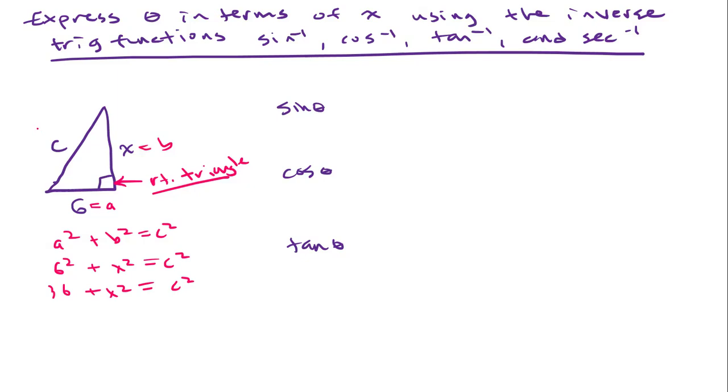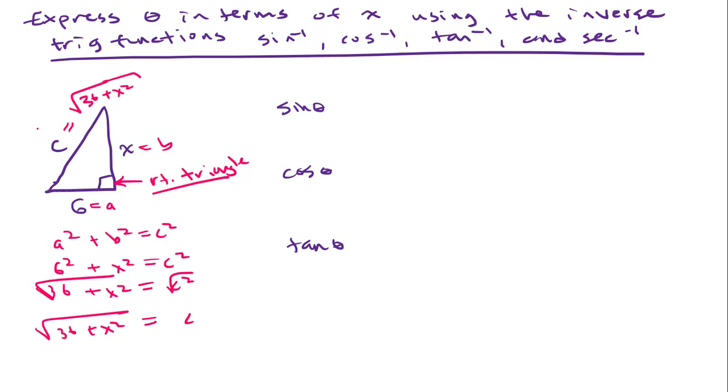To solve for c, we take the square root on both sides, so c is equal to the square root of 36 plus x squared. Let's write that down here.